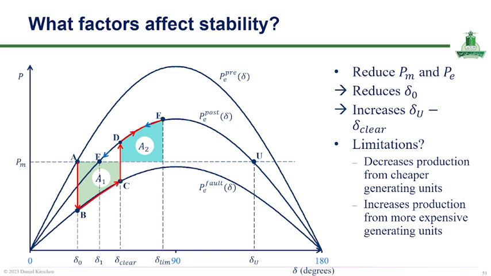In terms of the equal area criterion, the decelerating area becomes larger relative to the accelerating area, so improving the chance of maintaining synchronism after a fault.